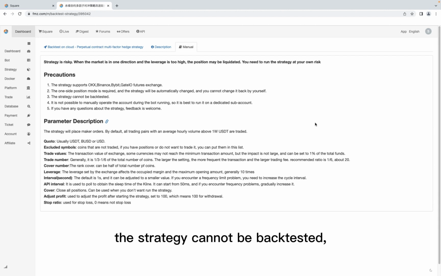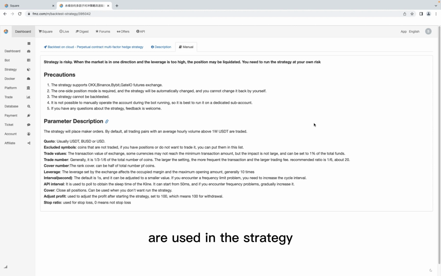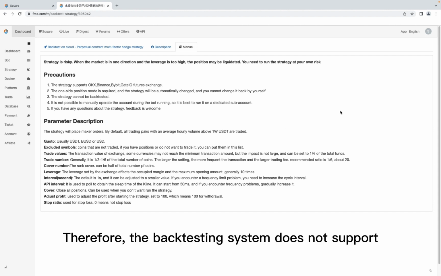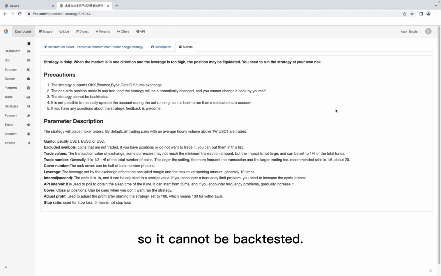In addition, the strategy cannot be backtested because many interfaces related to the exchange are used in the strategy to query data or do some processing. Therefore, the backtesting system does not support the special interface calls of the exchange, and there is no such special data, so it cannot be backtested.